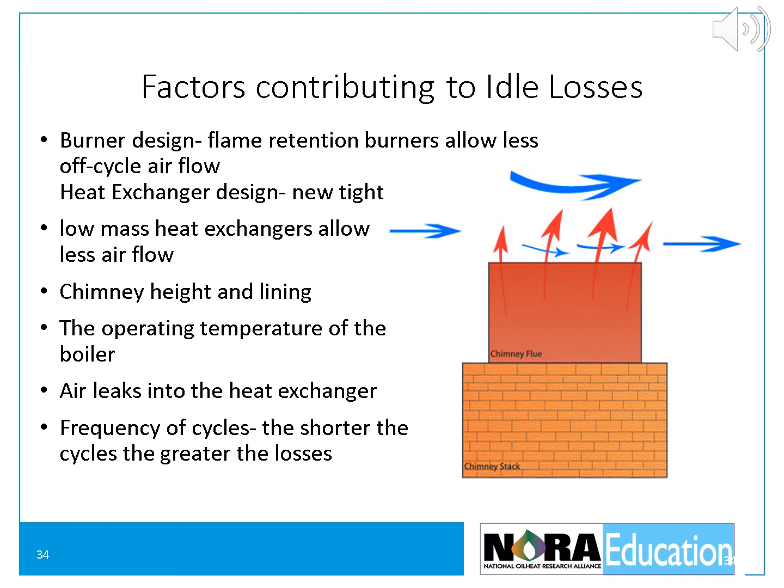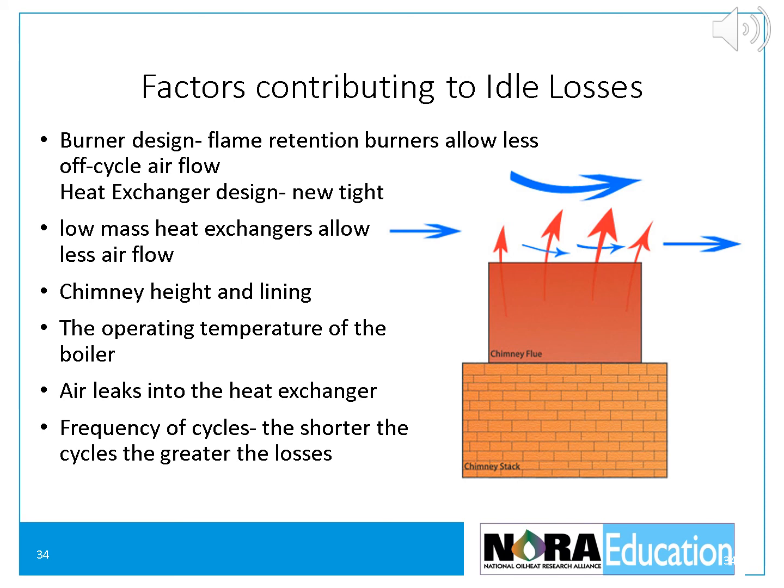The main factors contributing to idle losses are the burner design. A retention head allows less airflow through it than an old non-retention head burner. The heat exchanger design: the tighter the heat exchanger passes and the higher the draft drop through the heat exchanger, the more it resists airflow.